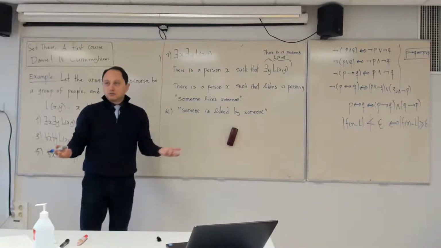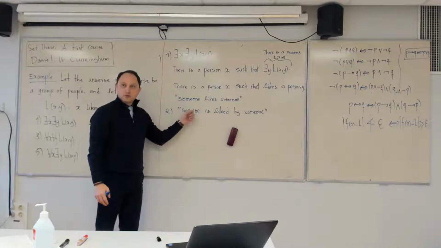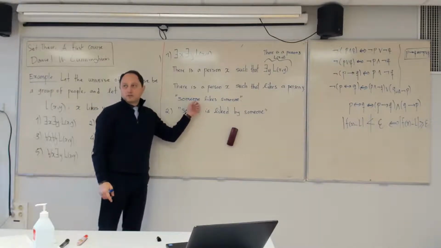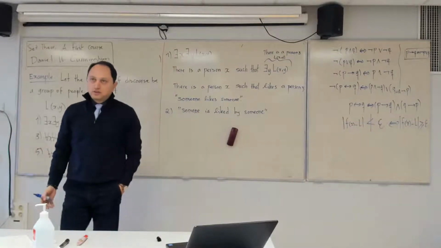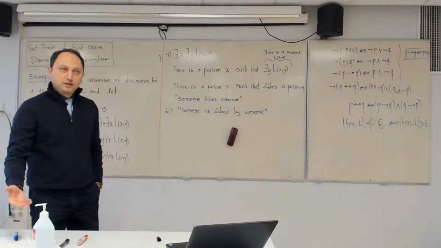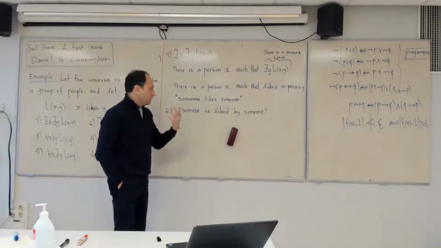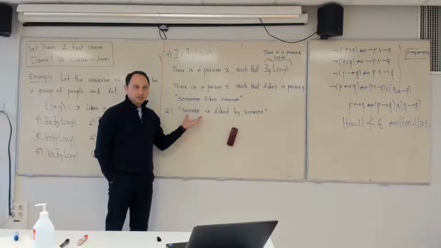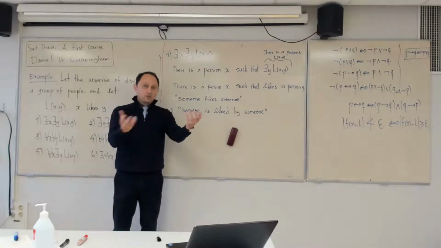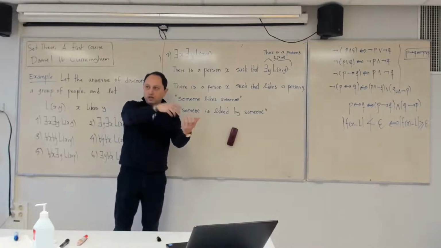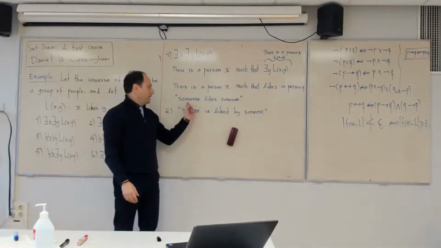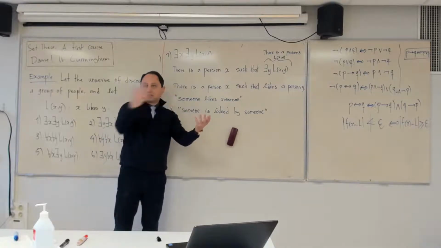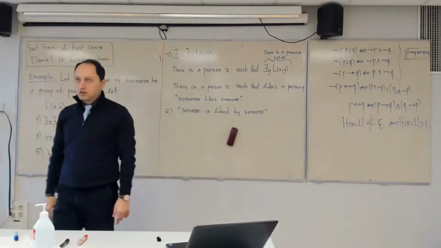Yeah. And the other way around. So if this happens, this also happens at the same time. And if this happens, this also happens. So it means that they are equivalent statements. If you want to say that they are not equivalent, you need to give me an idea where this happens, but this is not happening. Is that clear? So if X likes Y, at the same time, Y is liked by X. So when you say someone likes someone, X likes Y, at the same time, Y is liked by X. So these two sentences are equivalent.